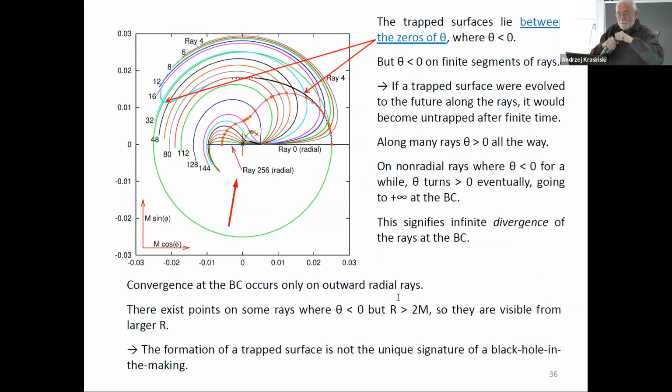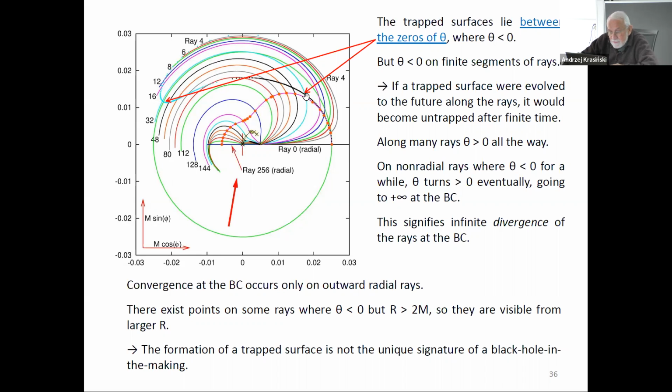And now, where are the trapped surfaces? In this graph, they lie between the zeros of theta, where theta is negative. For instance, focus your attention on this light blue ray here.